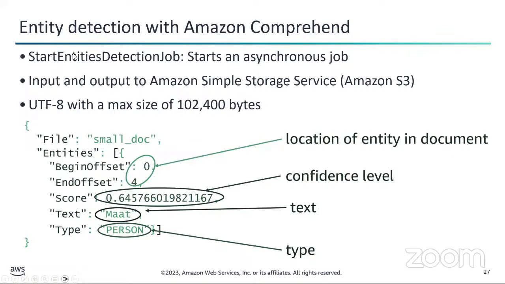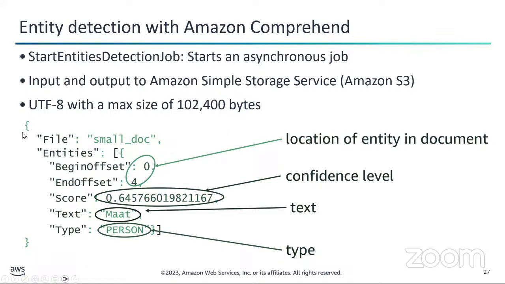This is a function or API call which starts an asynchronous job, meaning that this job does not stop your script from running. It just does it on the side. Input and output go to Amazon S3, and it uses UTF-8 encoding with a maximum size of 102,400 bytes.